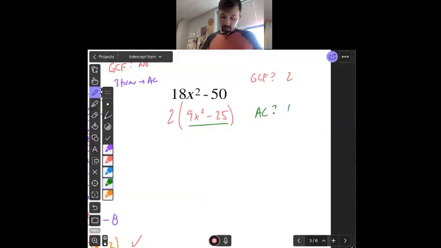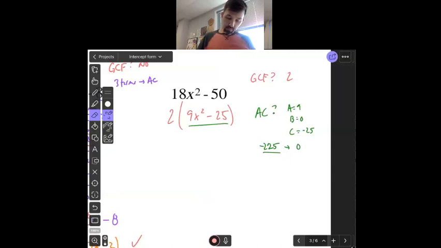A is 9, B is 0, C is negative 25. So 9 times 25 is 225. We have to add to 0. Okay. It's a pretty big number, which means we're probably going to have a long list of factors to look at, unfortunately.